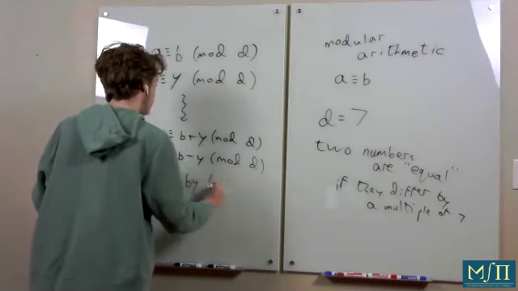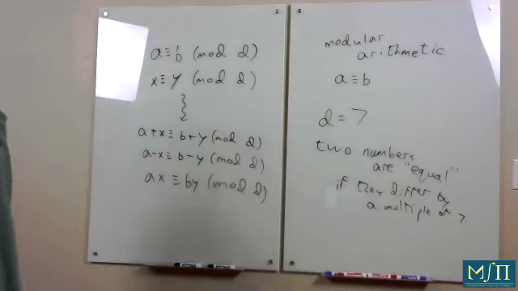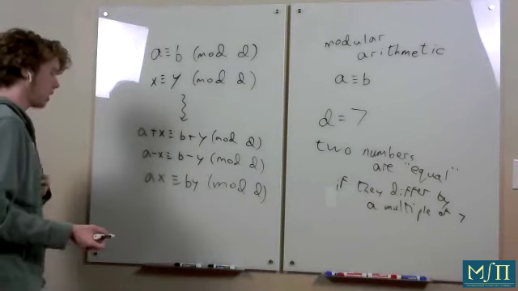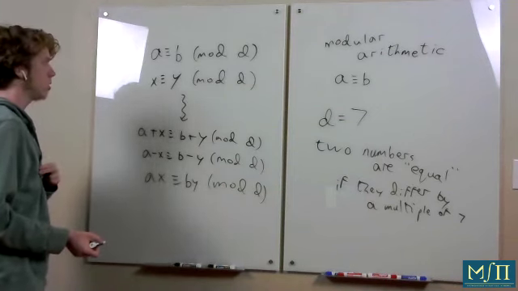Now, their quotients do not necessarily have to be congruent. What's a good example?